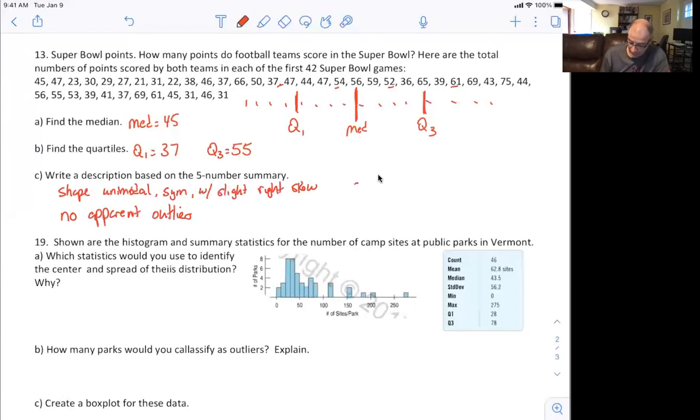And the center, my mean and my median are roughly equal, so it's 45 points. And the spread, I forgot what my min and what my max are. It's 21 to 75. I'm fine with that. Or if we want to write that difference, that is 54 points.